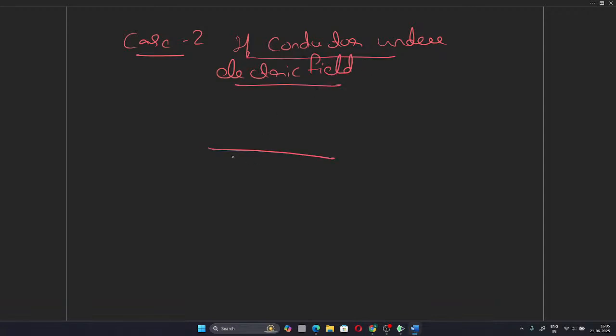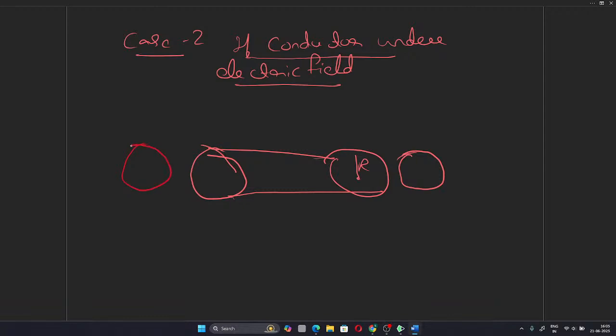Let's take the same cylindrical conductor of radius r and attach two dielectric discs which have a charge of minus q and plus q. Attach them here.